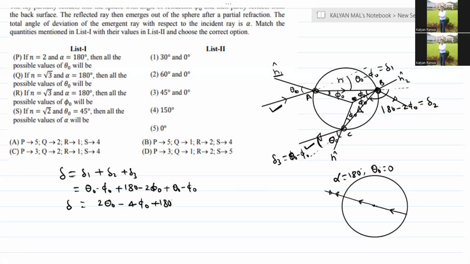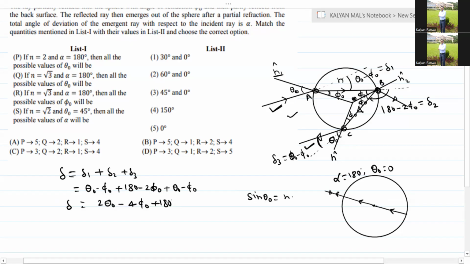In another case, we can write the refraction equation initially: sine theta naught equals n times sine phi naught. The question says to match the column with the second column.